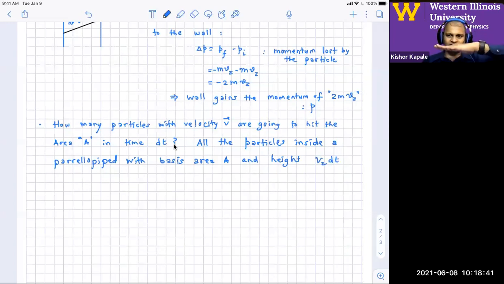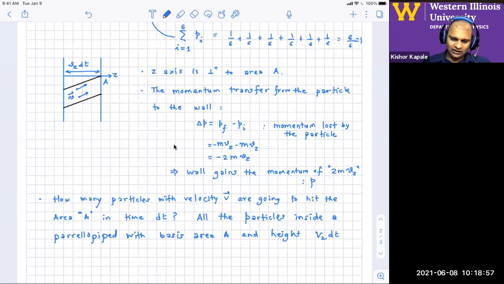So think of the wall at the bottom, and so all of the particles that are within the Vz dt distance are going to hit, and then it's not a rectangle; it's a parallelepiped because the particles are coming at an angle.